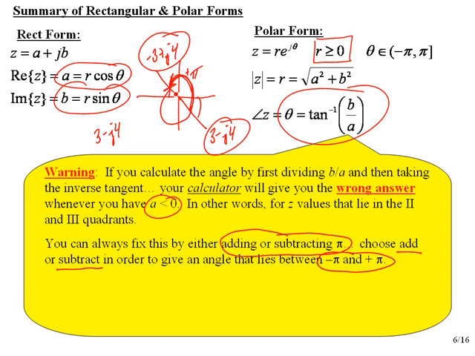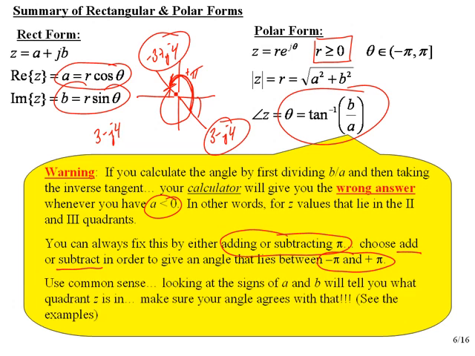So we can always add or subtract pi to fix this, and I'll show you some examples in a little while. The best thing to do is make sketches and see where things lie. I cannot tell you how many times I've taken off many points on exams for an error that could have been simply recognized and avoided if the student had just drawn a little diagram.